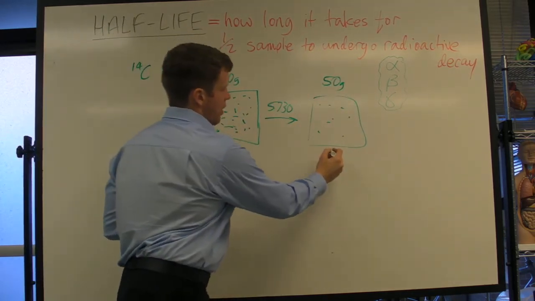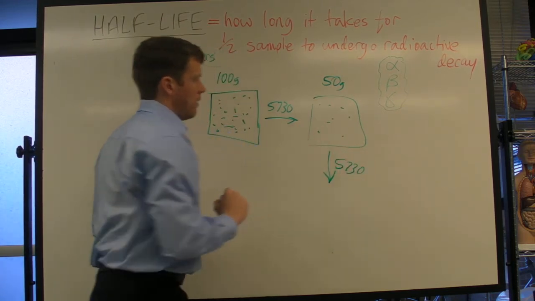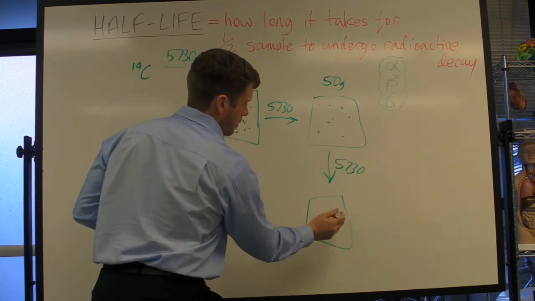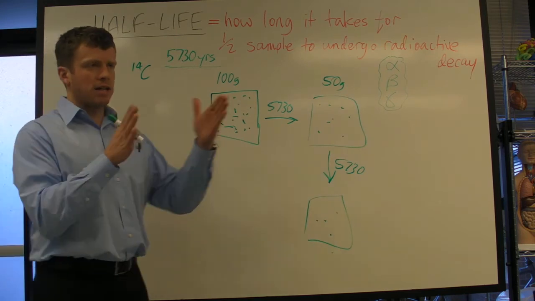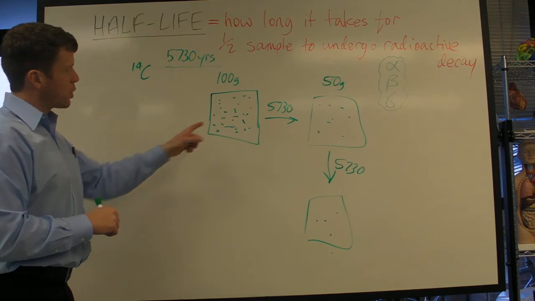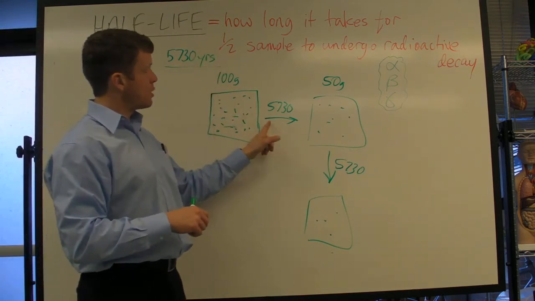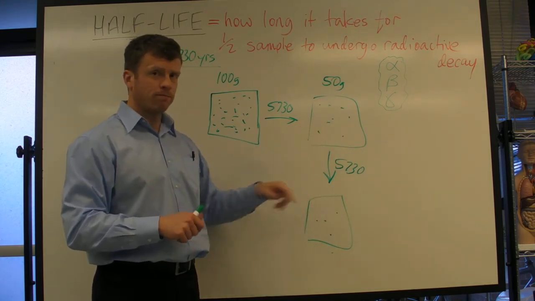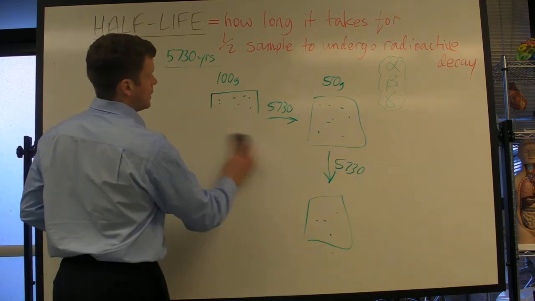After another half-life, we'd have exactly half that number, which is that many. It isn't like ripping a piece of paper in half and half that sample goes away. It's much more random. Any one of these atoms could be undergoing the decay, but after this many years there are half left. Another half-life, half again. So that's the idea of the half-life.